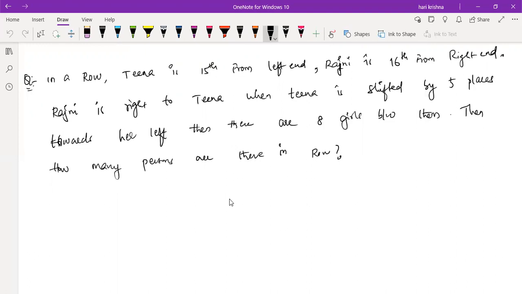Suppose one row is there. In that row, Tina is 15th from the left hand, and Rajni is 16th from the right hand.